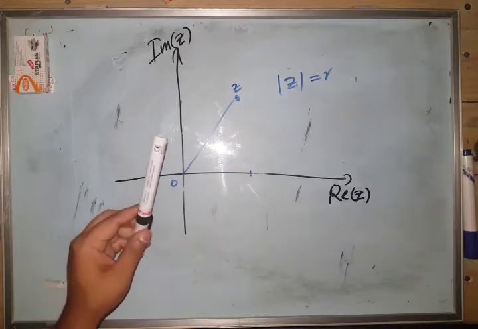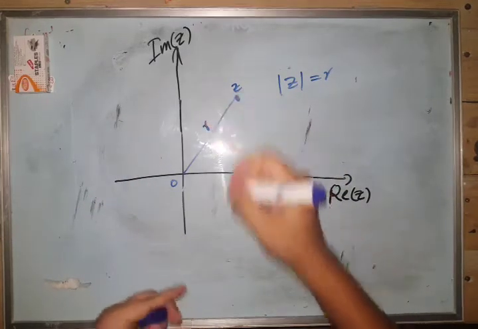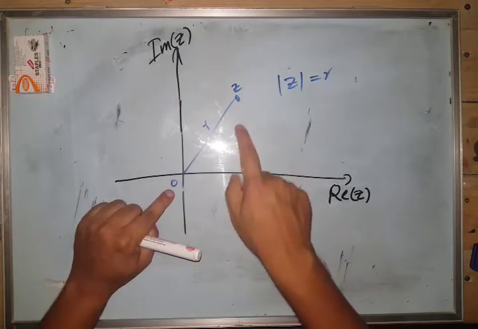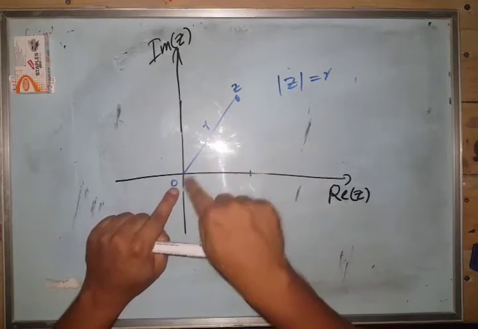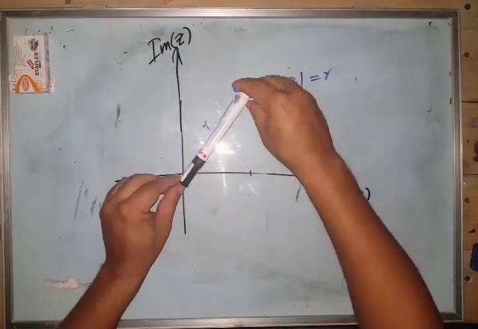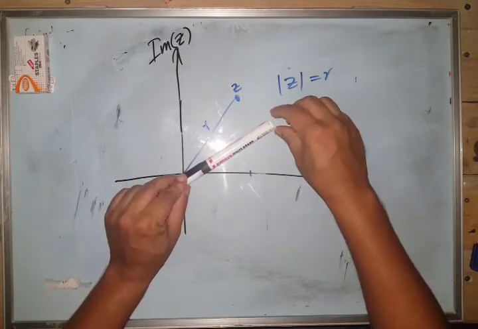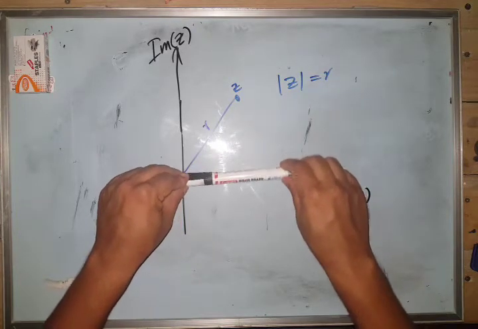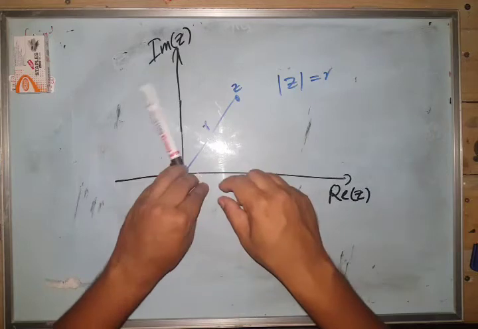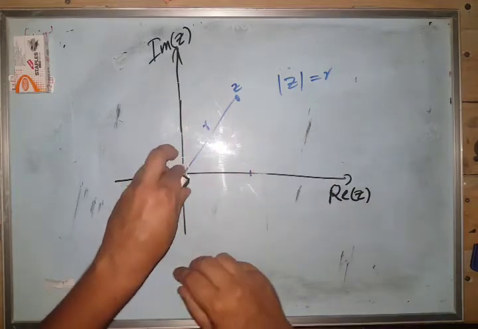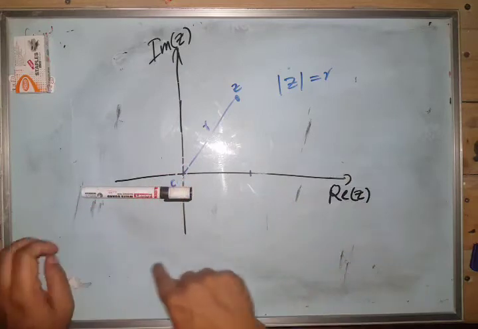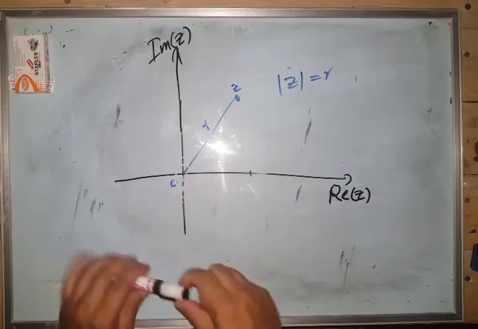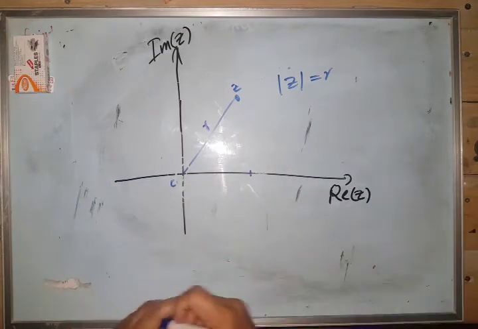Let's say the distance is r. Any point in this circle would represent a complex number that is r distance away from the origin, so there are infinite possibilities.